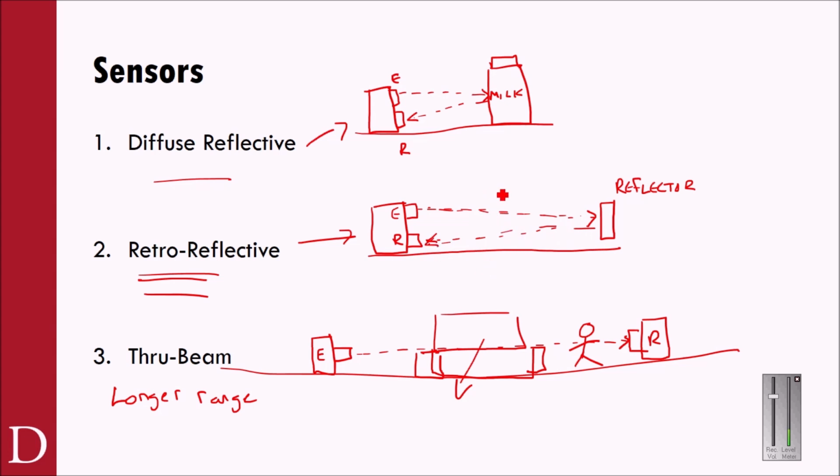So you really maybe get half the range as to what you get on the through beam, because we can just extend that all the way across. And 3 different applications, 3 different types of sensors. Again, I would probably give you either an image of what these sensors look like, or a typical application, and it's up to you to be able to define the differences and why one would be better than the other.